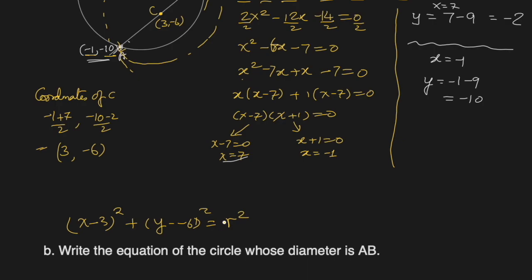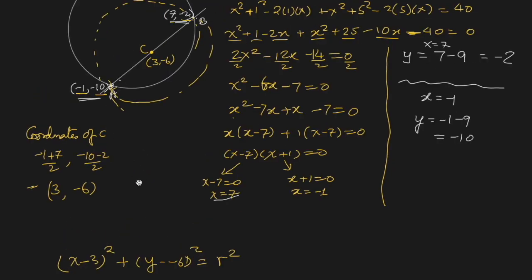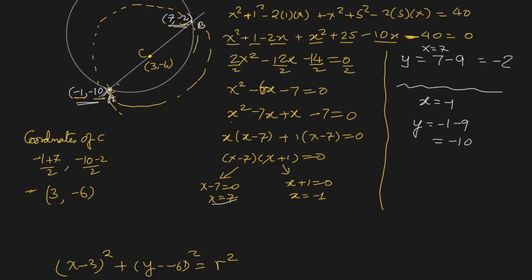Yeah. So radius is the one we need to find now. So we can find radius by using this again. So let me make some space here. So what is the radius? Radius is between C and B. This is the radius, correct? So CB. This is what we're finding. We'll use the distance formula.